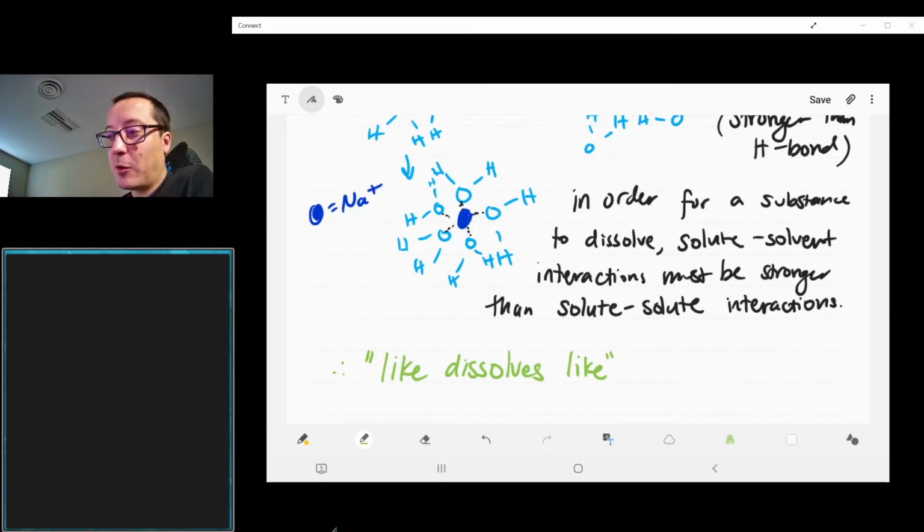If you try and take a polar solvent and dissolve a non-polar solute, it's not going to work because you're going to be messing up the happy polar interactions of the solvent molecules. And so you don't want to disrupt that. However, with something like an ionic compound in a polar solvent, we see that we can make very strong new interactions. And so it's kind of that trade-off. Are your interactions before better or worse once you start dissolving? And so that's what molecules will choose, as it were.